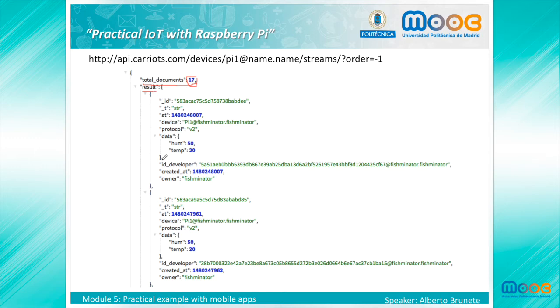So this is the first one, and we have humidity 50, temperature 20. Second one, humidity 50, temperature 20, and so on. For each measurement, we get the timestamp and some other information. So we need to navigate through this JSON file to get the values that we are going to show.